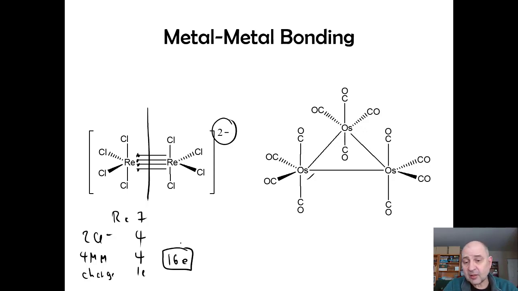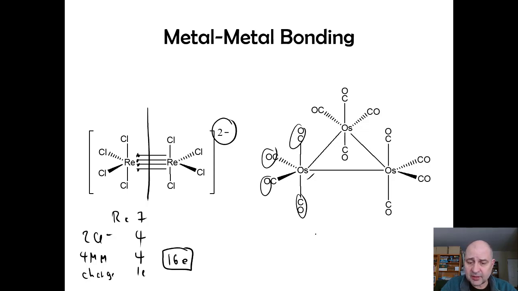The 18 electron rule only applies to carbonyls. This is not a carbonyl cluster, but over here for this osmium, this should work. You should count for each osmium. This is, again, symmetrical. Each of these osmium metal centers has 4 terminal carbonyls.